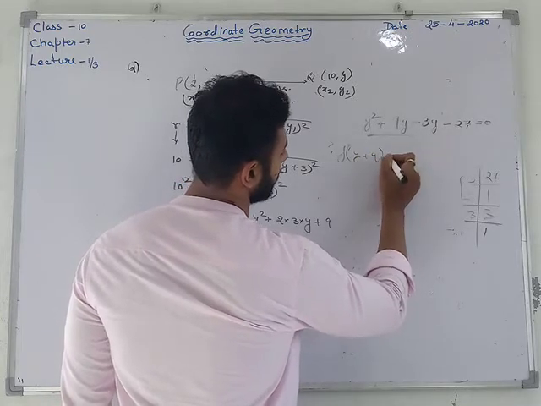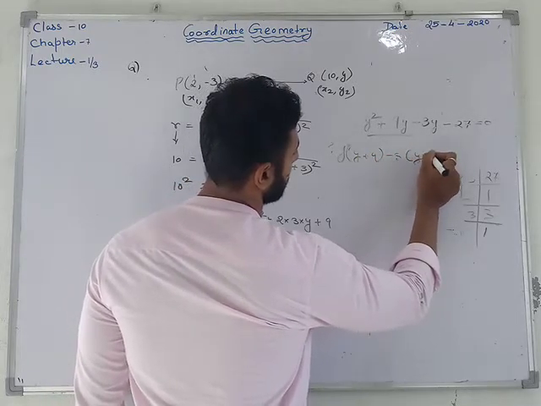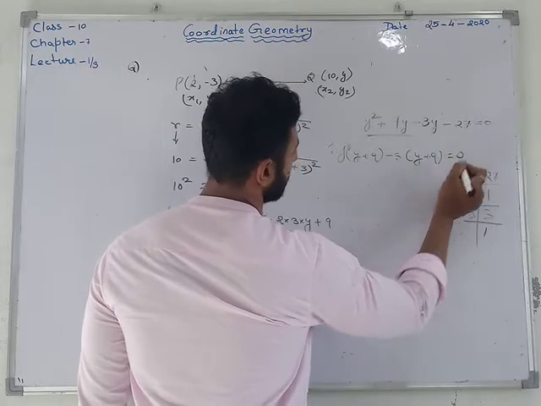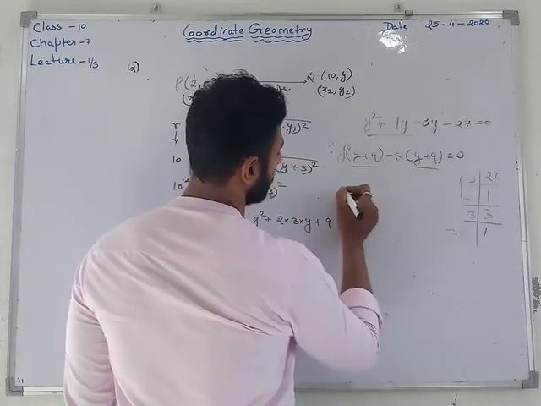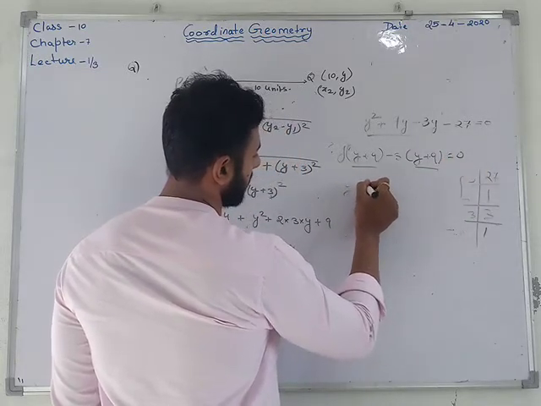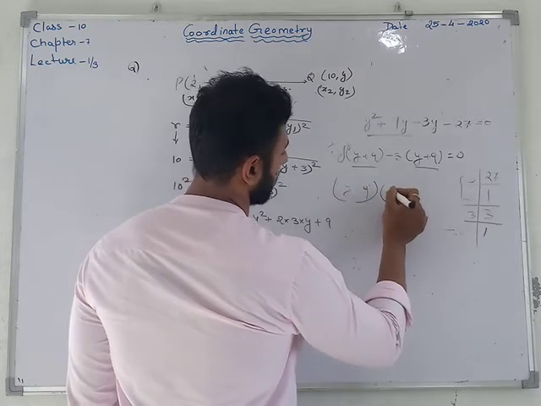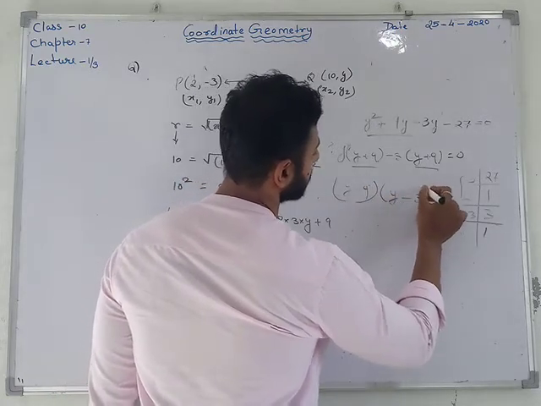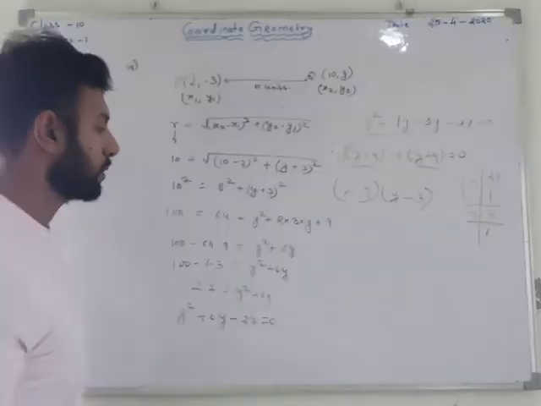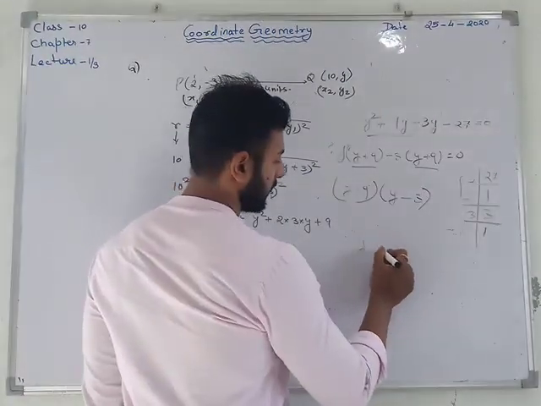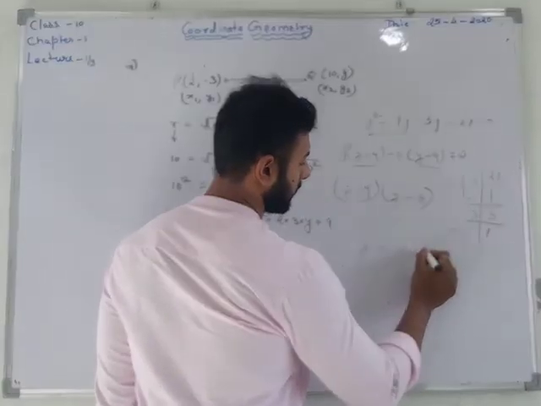Taking minus 3 common from the other two, (y plus 9). Now taking (y plus 9) common, in the bracket we will get (y minus 3). So our answer will be y is equal to minus 9 comma 3.